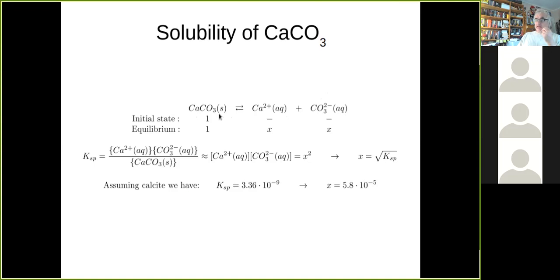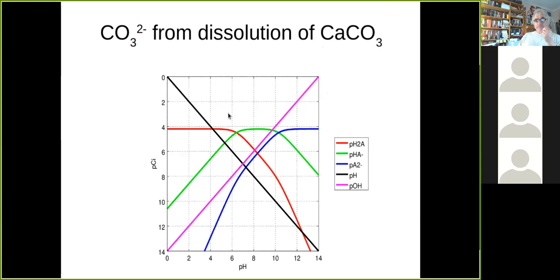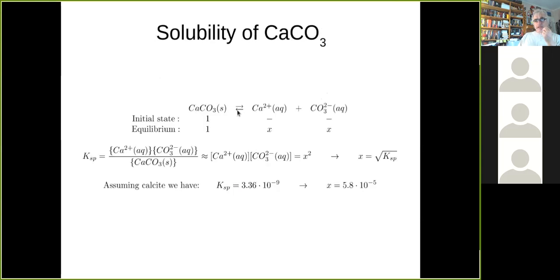One can say it is worth discussing them in a situation like this. From the solubility of calcium carbonate, one can draw some conclusions, assuming that calcium carbonate is just dissociating.